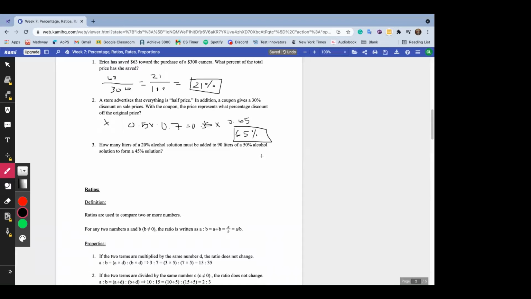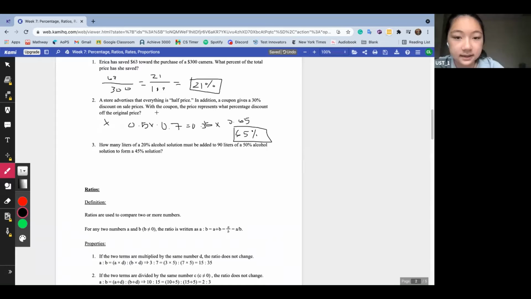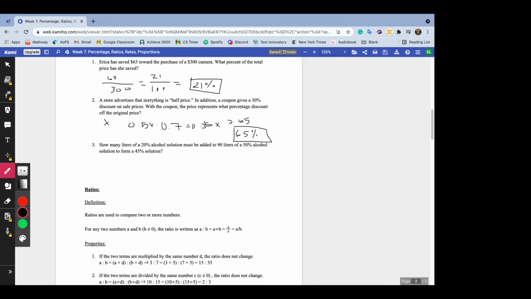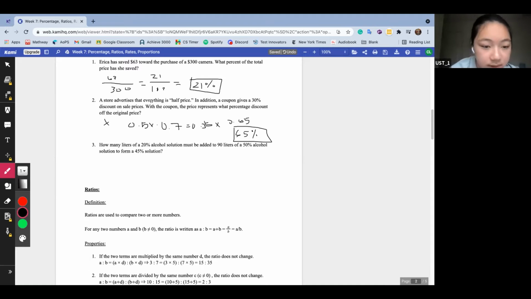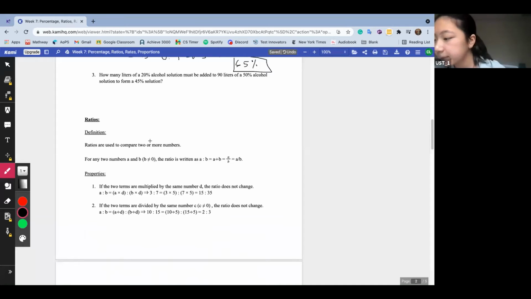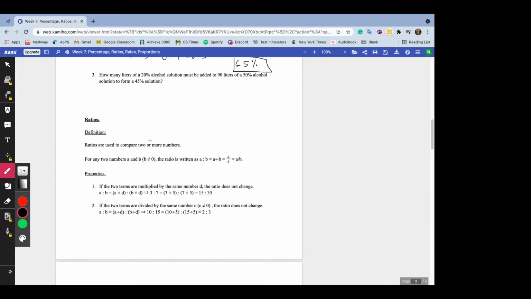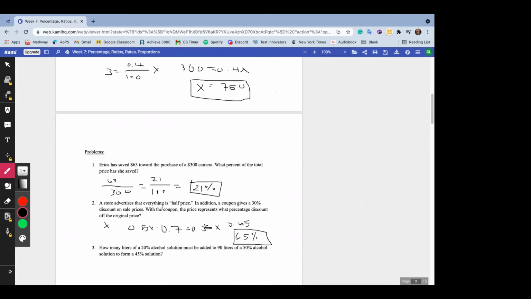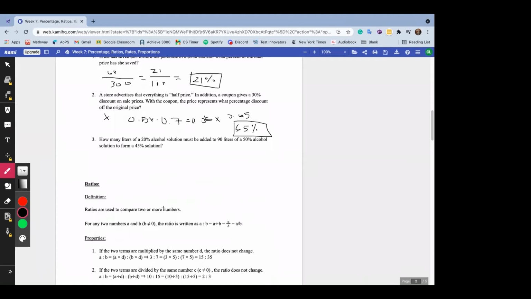Wait, what is X again? X is the original price before the discounts. Okay. Why does 0.35 become 65%?